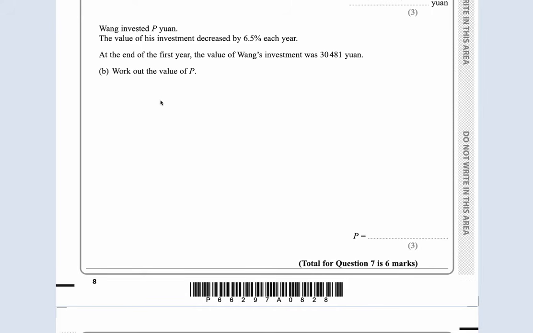The way I do it is same as the last example, but this time it's just P. Instead of 40,000, it's P. And we multiply this by the multiplier. In this case, the multiplier is 0.935. Now, how did I get that? Well, I did 100 minus 6.5.